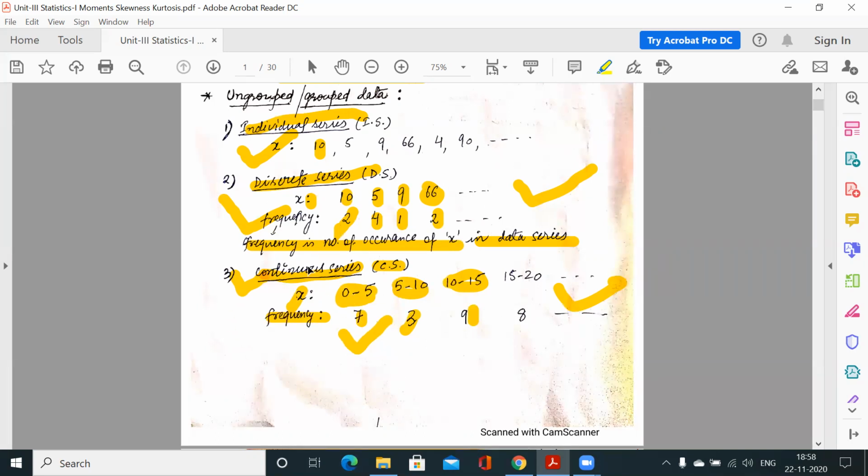In the continuous series, we have X in terms of continuous intervals: 0 to 5, 5 to 10, 10 to 15. The interval step size may be different. I may take 0 to 10, 10 to 20, 20 to 30, or 0 to 25, 25 to 50, 50 to 75, 75 to 100. So it depends on the user how many intervals we want.